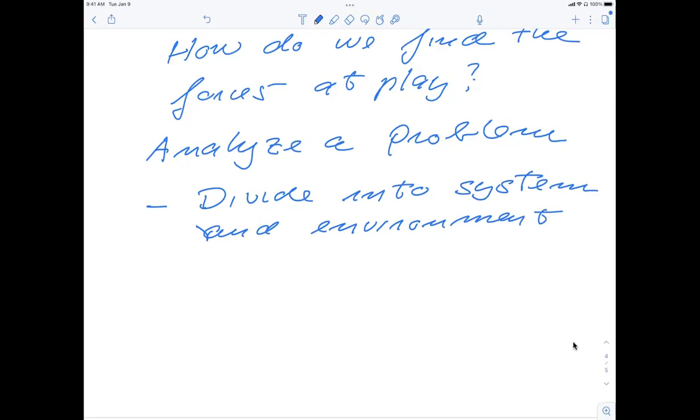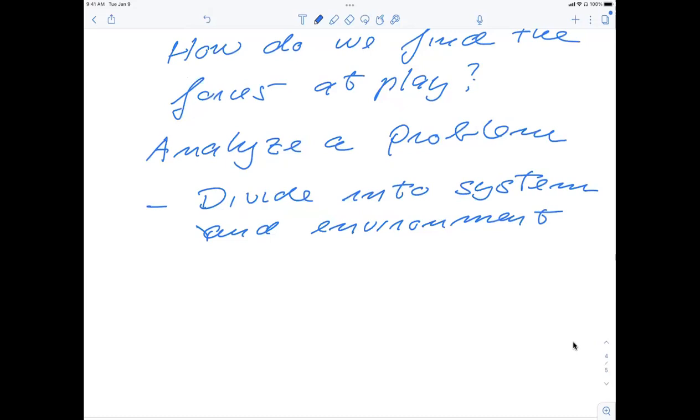We have to identify all the forces which act on the system. These forces are identifiable and they can be traced back to a cause from the environment.